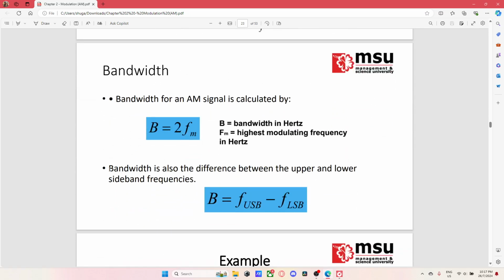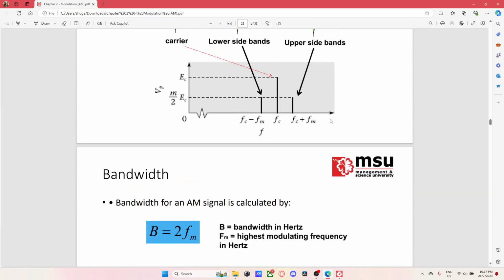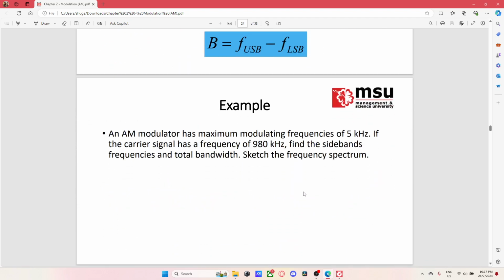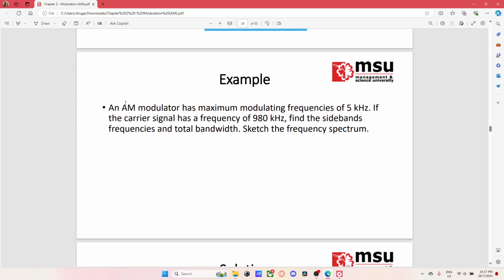The bandwidth is also the difference between the upper and lower sideband. That is why I mentioned over here it is in between FUSB and FLSB, where B is equal to FUSB minus FLSB.